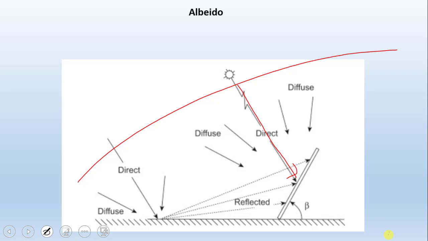So total irradiance is equal to direct rays plus we have another component that is diffuse.